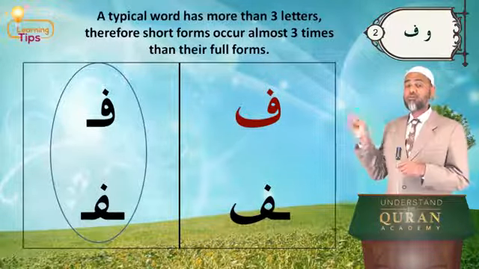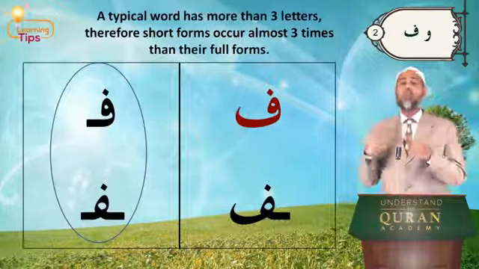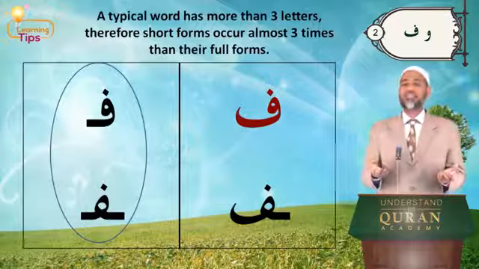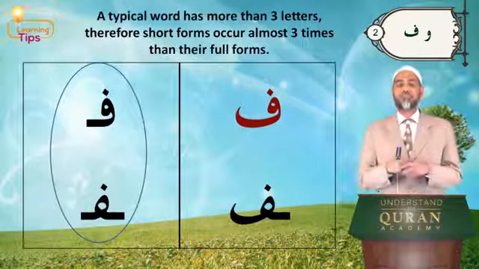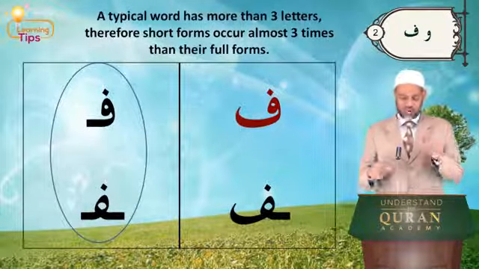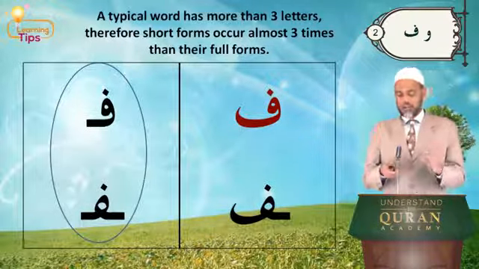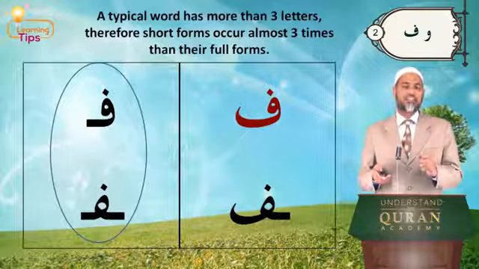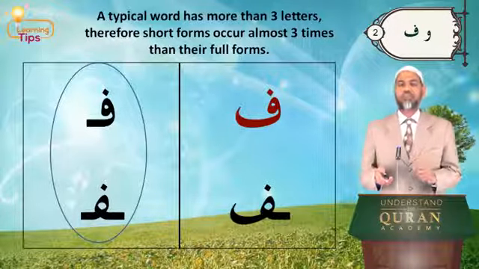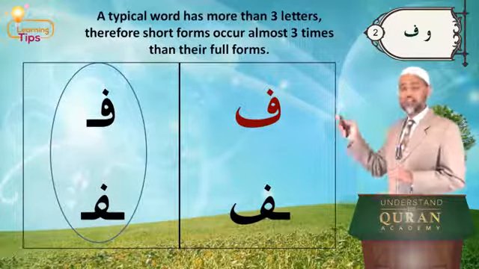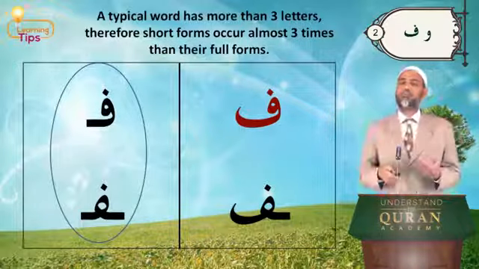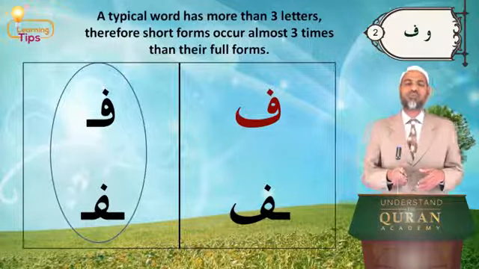That short forms of letters are at least 3 times more important than the full form. So focus and make sure that you learn the short forms very nicely. You have to learn them perfectly. Okay, fa, the short forms, with or without connectors. Well, of course, you will learn the full form also.